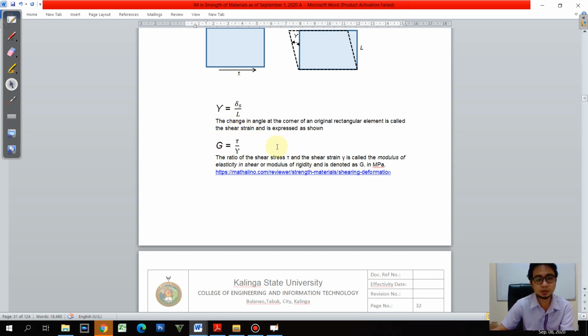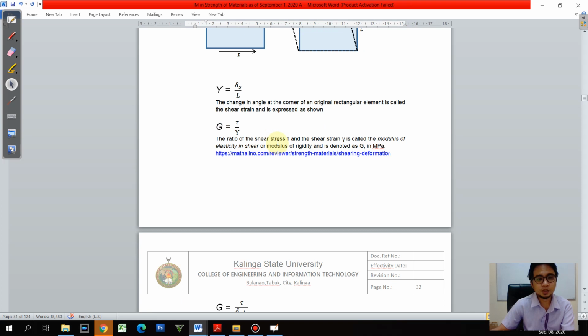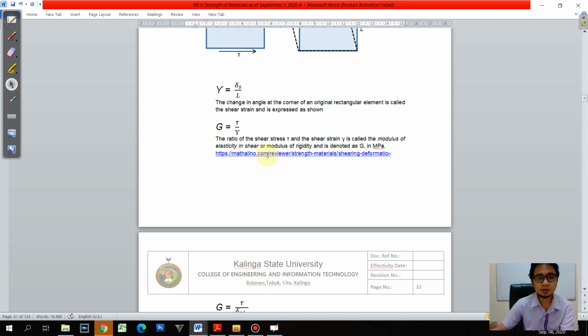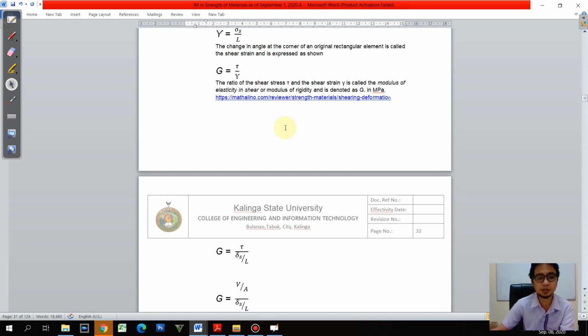Okay, so that is for modulus of rigidity. So modulus of rigidity G is analogous to modulus of elasticity in axial deformation. Only that the stress in axial deformation is being replaced by the shear stress on the shearing deformation, as well as the shearing strain under the shearing deformation.